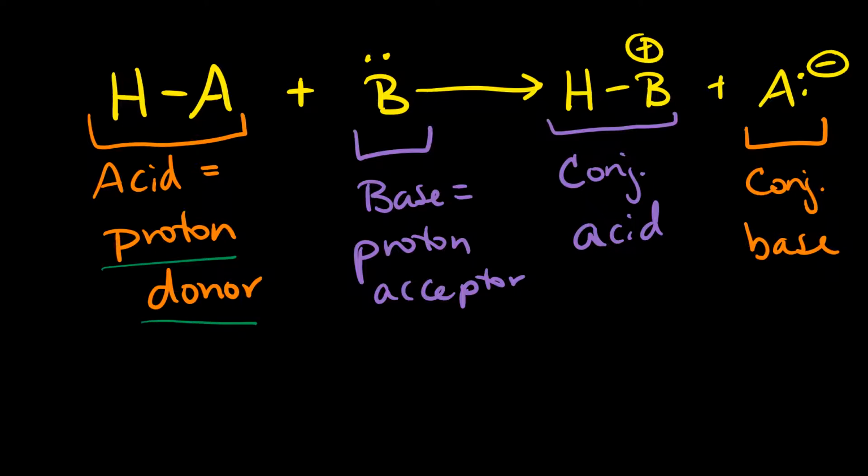And the base was always the proton acceptor. And that's generally how you studied acid-base chemistry in general chemistry as well. And this is not incorrect, it's just not quite complete.